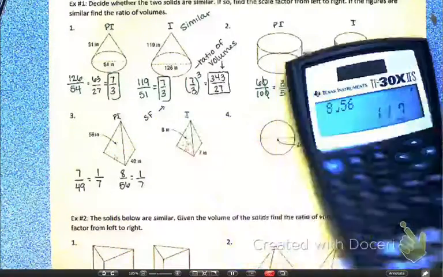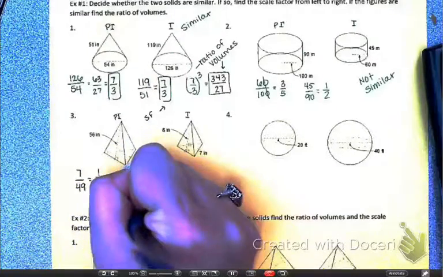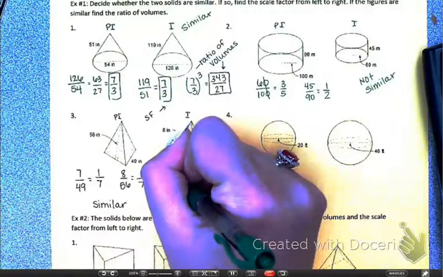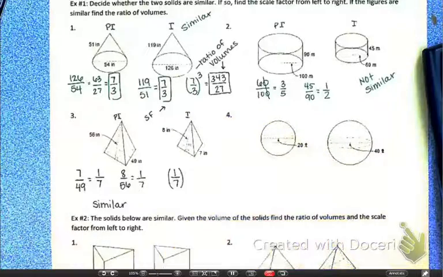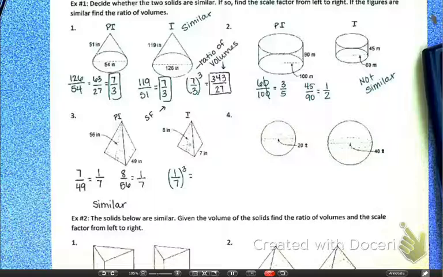Because the scale factor is the same, these two figures are similar. Because they're similar, I can find the ratio of volumes. So I'm going to take my scale factor and I'm going to cube it. What is 1 cubed? 1.